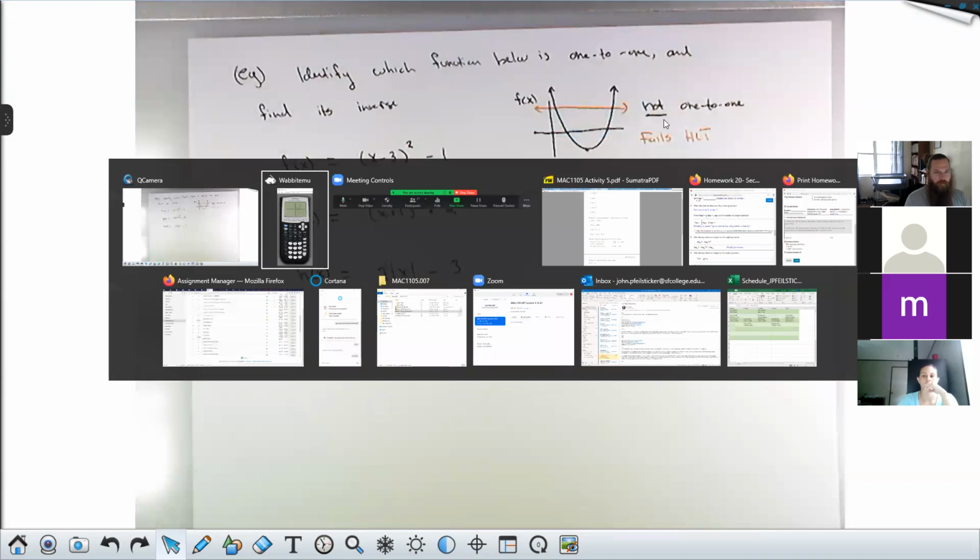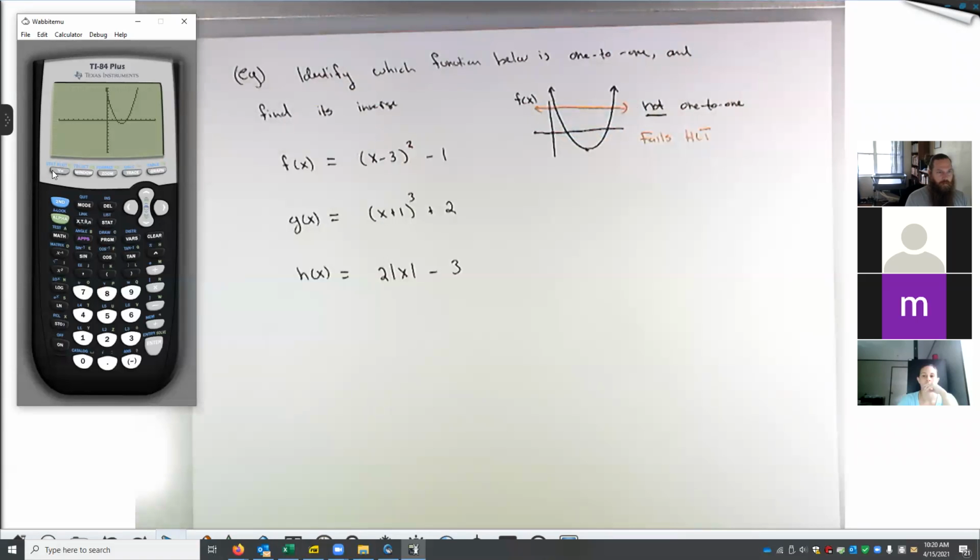All right, let's look at the graph of G. So I'll come back to my y equals. I'll clear this out because I just want to look at one at a time. That's parentheses x plus 1 to the 3rd power plus 2.